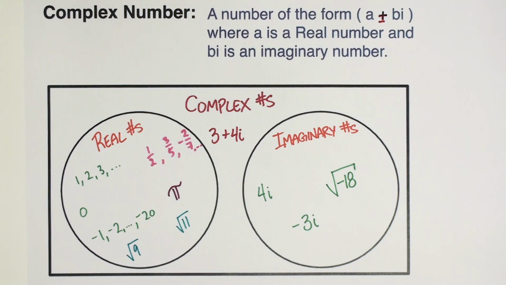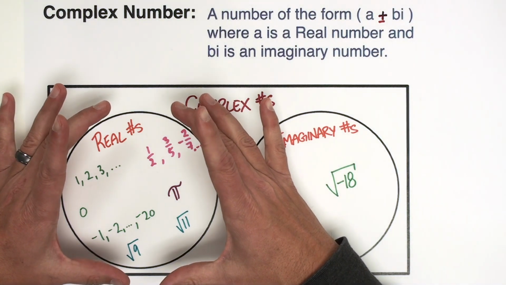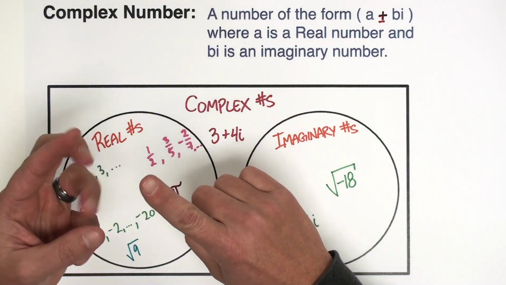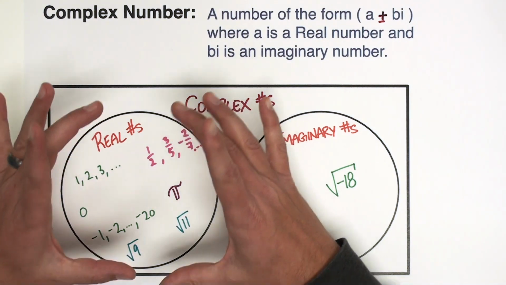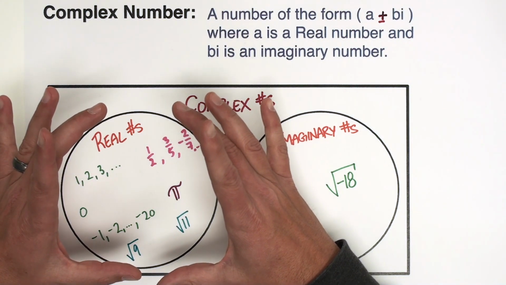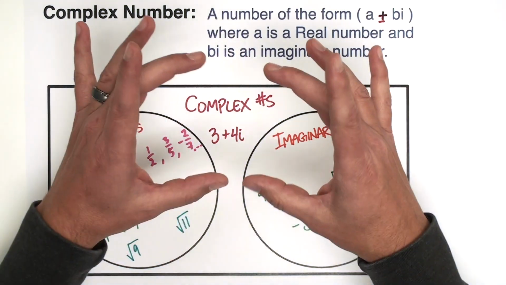Now, everything that you have learned, like in your life to this point, that you can do with real numbers, like addition, subtraction, multiplication, division, all sorts of things, right? All those kinds of operations and more than I just said, we can do with these numbers as well.